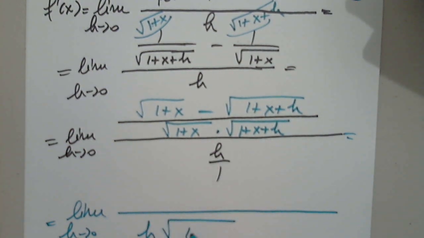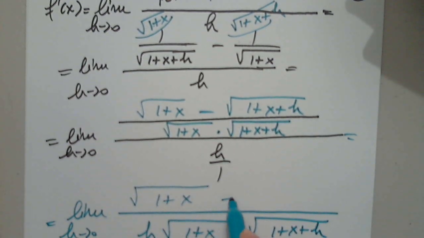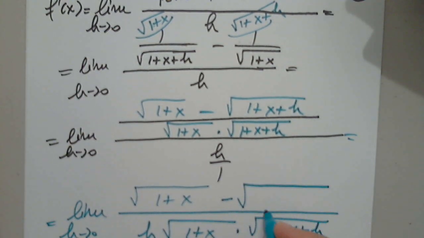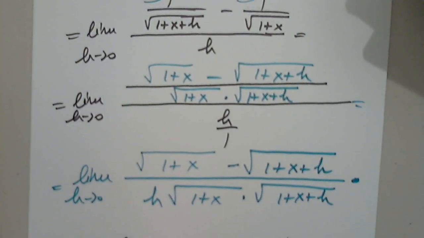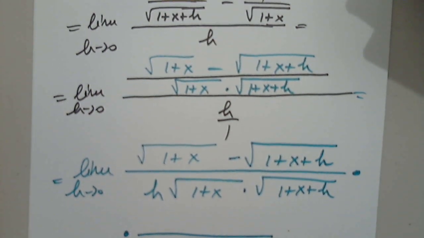And then I have the square root of 1 plus x times the square root of 1 plus x plus h. And now this is the numerator. What do we need to do in this situation? Rationalize. Yes. So I need to multiply by the same quantity top and bottom because I need this to be 1.